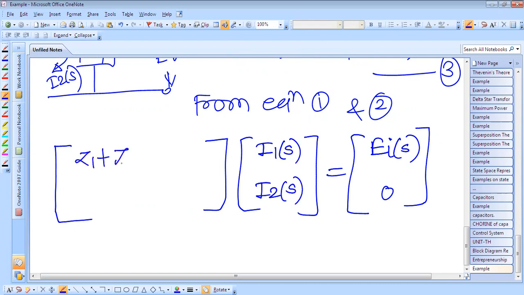Z1 plus Z2, minus Z2, this minus Z2, this is Z2 plus Z3 plus Z4.